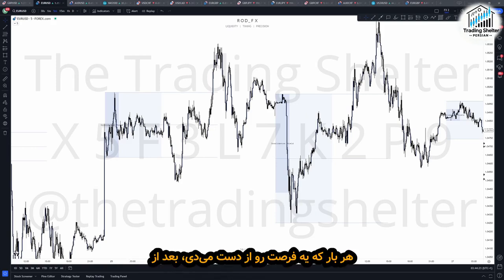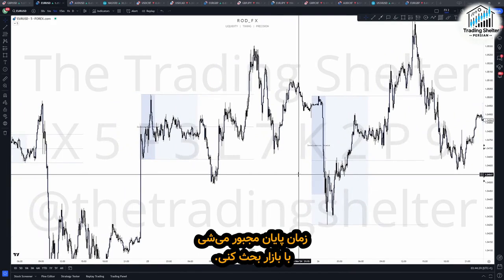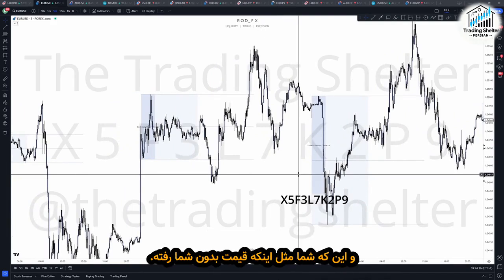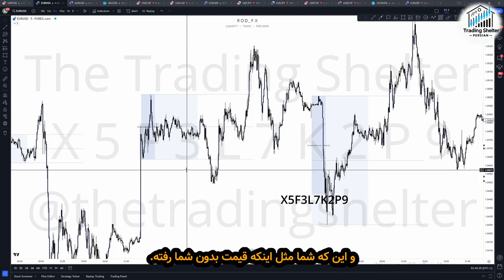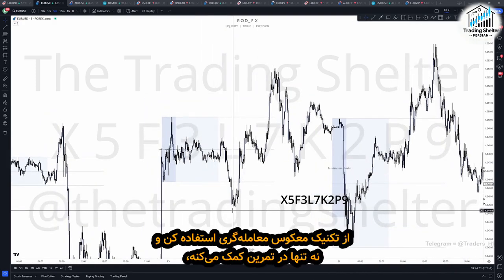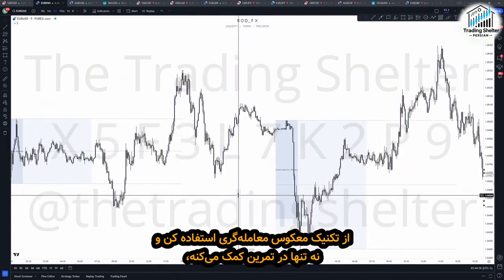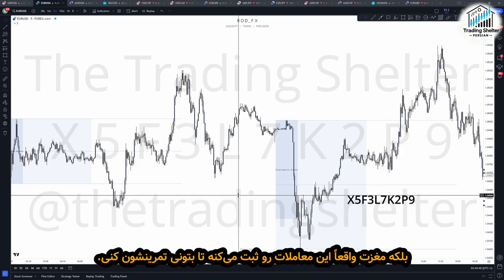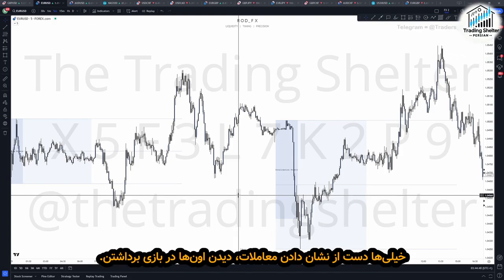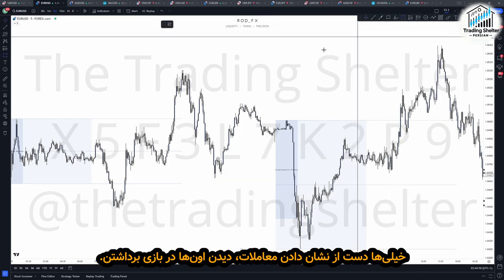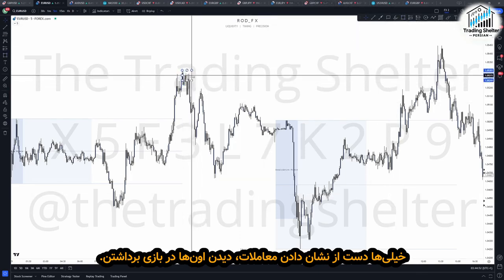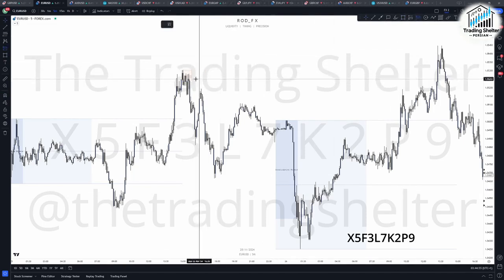Every time that you miss an opportunity and the price has left without you, use the reverse trading technique. Not only will it help you with practice, but your brain will actually record these trades to be able to practice them. A lot of people underestimate marking up trades and seeing them play.